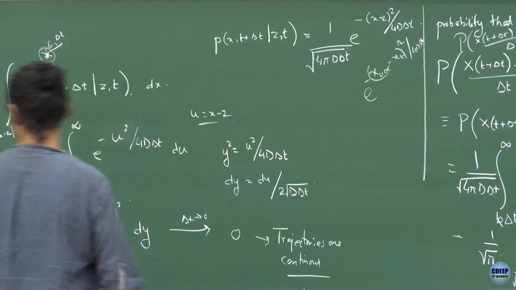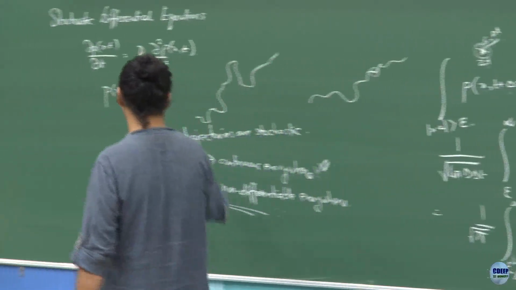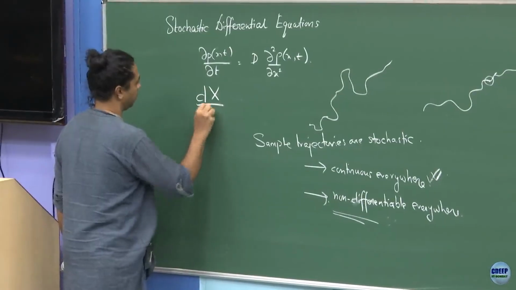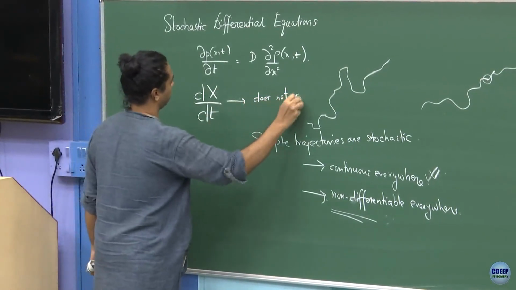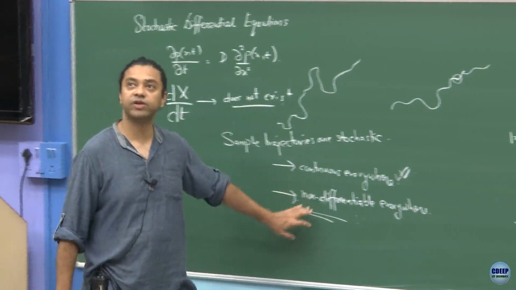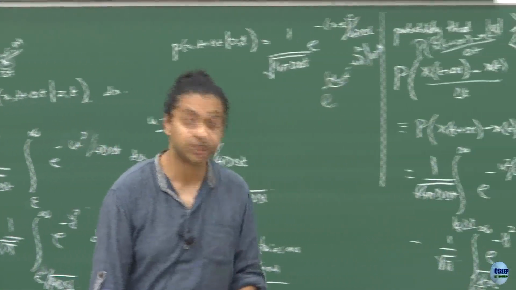So essentially what it boils down to is that this dx by dt does not exist. Although the trajectories are continuous, they are non-differentiable, and therefore this derivative dx by dt does not exist.